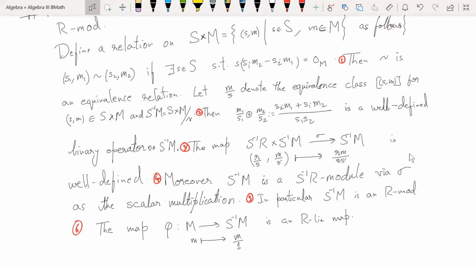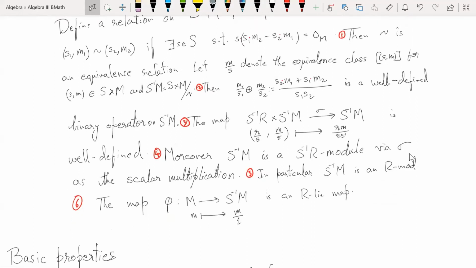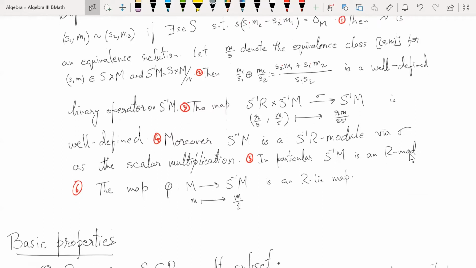Then on the set of equivalence classes, we define this binary operator plus via this formula. We show that this is a well-defined binary operator on S inverse M. And then we define the scalar multiplication, a function from S inverse R cross S inverse M to S inverse M, where the formula is the obvious formula.